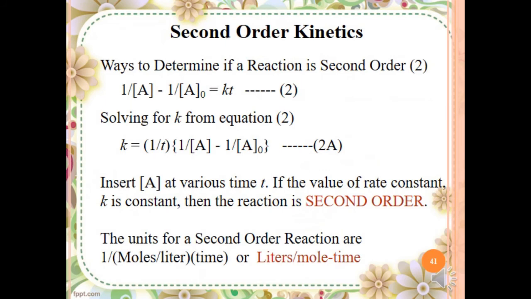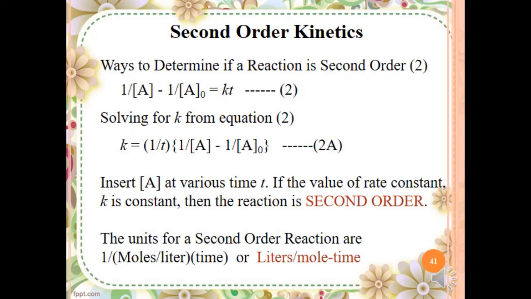Now how do we determine if a reaction falls under second order kinetics? Similarly to zero order and first order, we substitute the concentration of reactant at various times t into the integrated formula. If the value of the rate constant k is the same, then the reaction is second order.